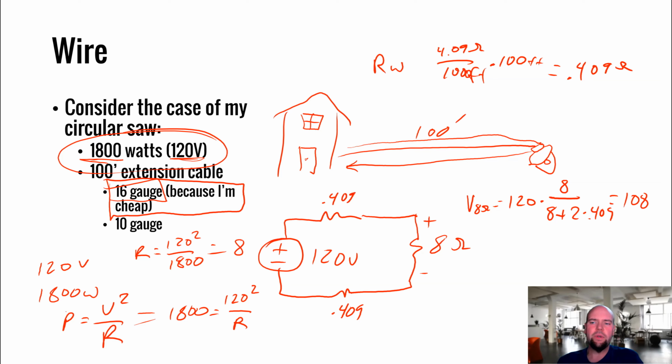So my saw that was expecting 120 volts was actually getting 108 volts because I had it connected to this extension cord.